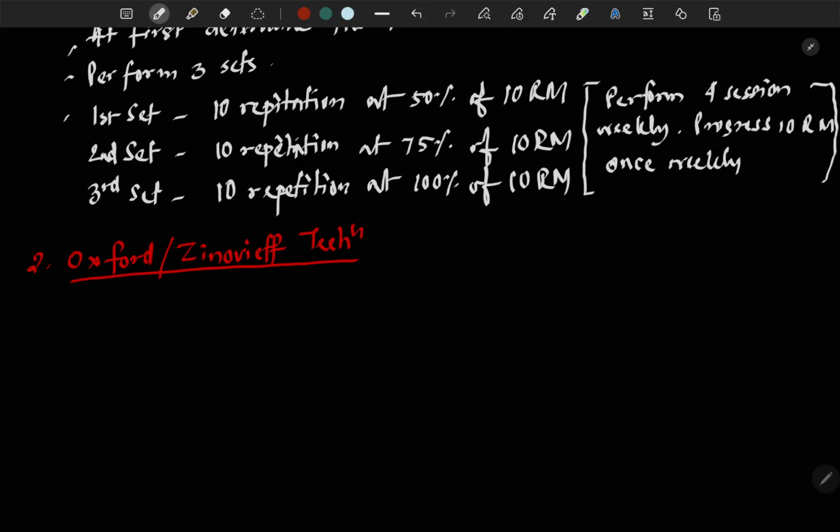The Oxford or Zinovieff technique is an alternating method for PRE.